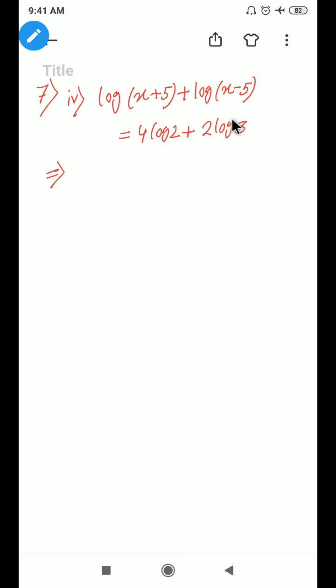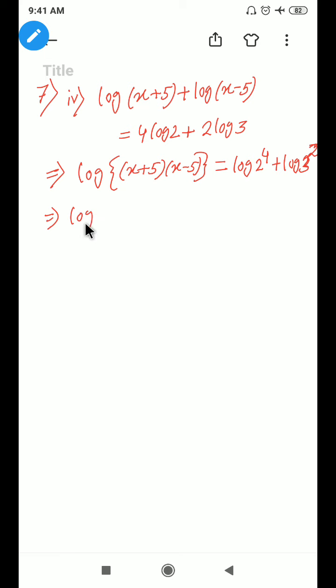So we know that addition of logarithms will be multiplication. So log x plus 5 into x minus 5, and this 4 goes to the power of 2, that will be log 2 to the power 4, and again this 2 goes to the power of 3, so that will be log 3 to the power 2.